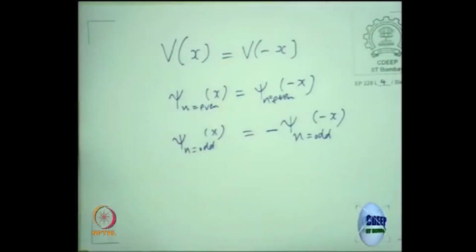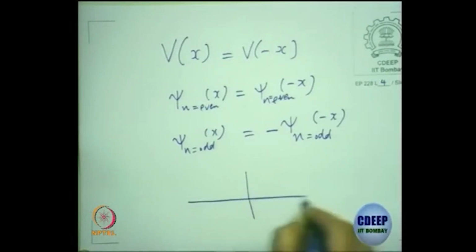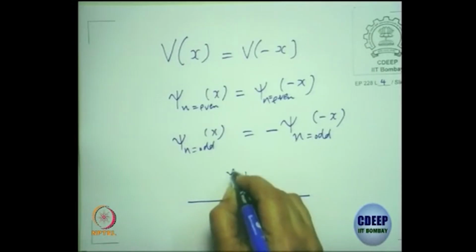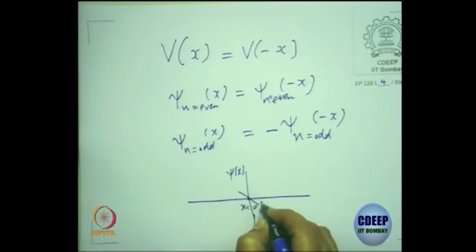Suppose we are looking at an odd function, let's do the plot here, at x equal to 0. An odd function has to be 0. You agree? An odd function has to go through 0. It has to be 0 at x equal to 0.